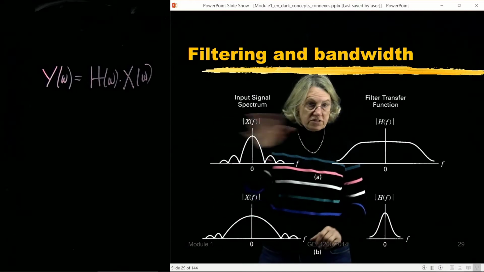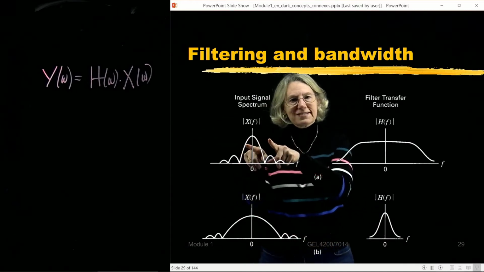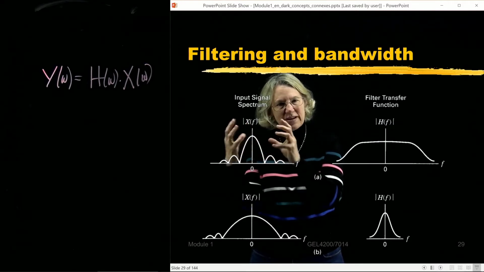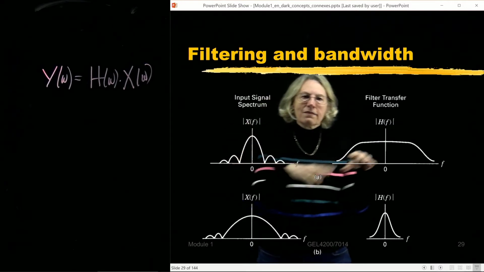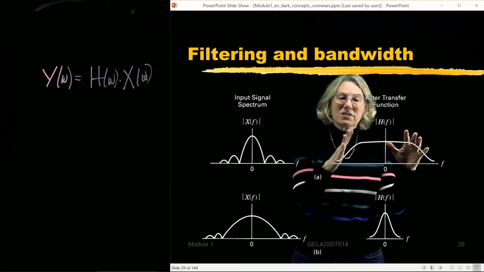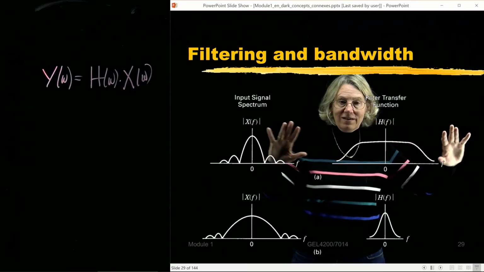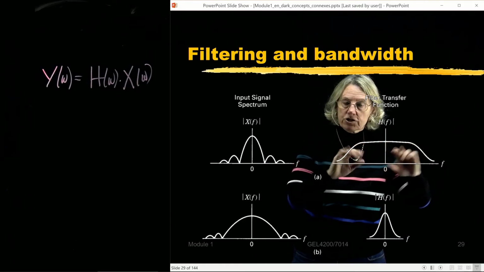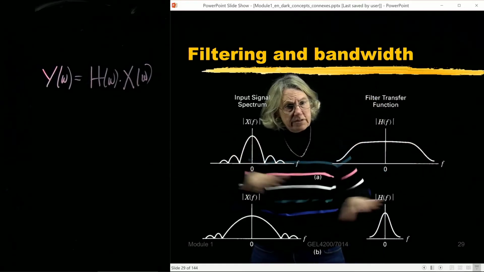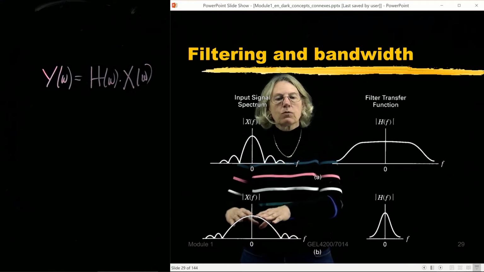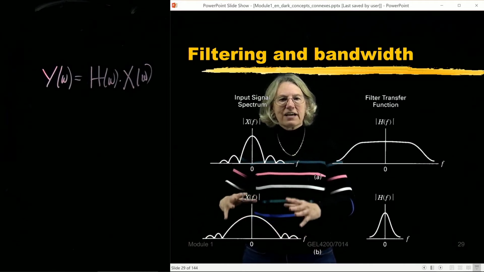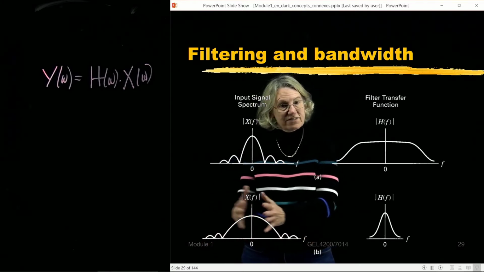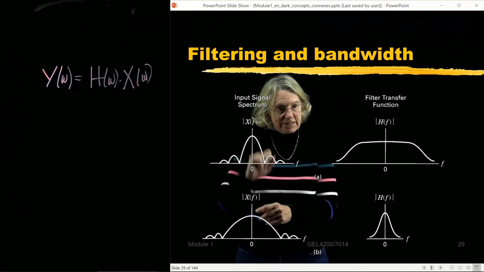In the first example, most of the energy in the signal is concentrated near the origin. And the system I'm passing it through is pretty wide. The area where there's no distortion introduced is pretty large. In the second example, in the second row, I have a signal which has a lot of energy even in high frequencies. It's not as concentrated in lower frequencies as the first example.